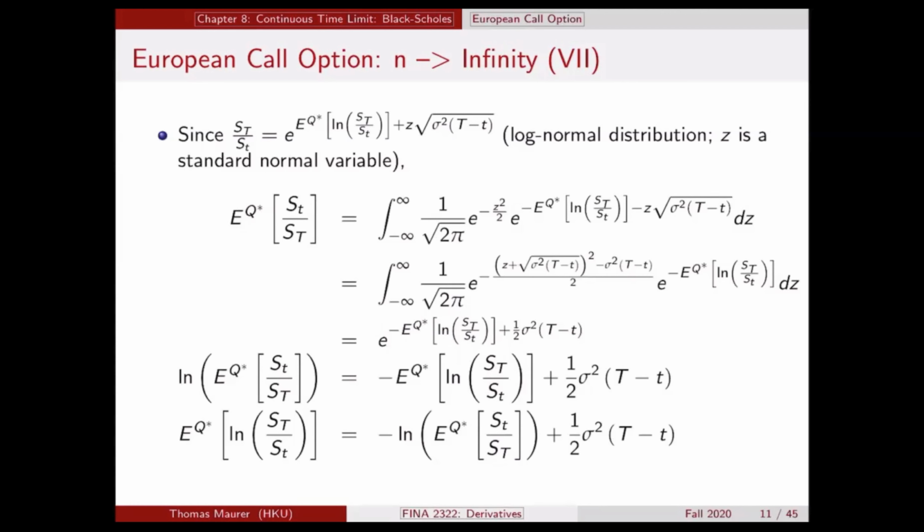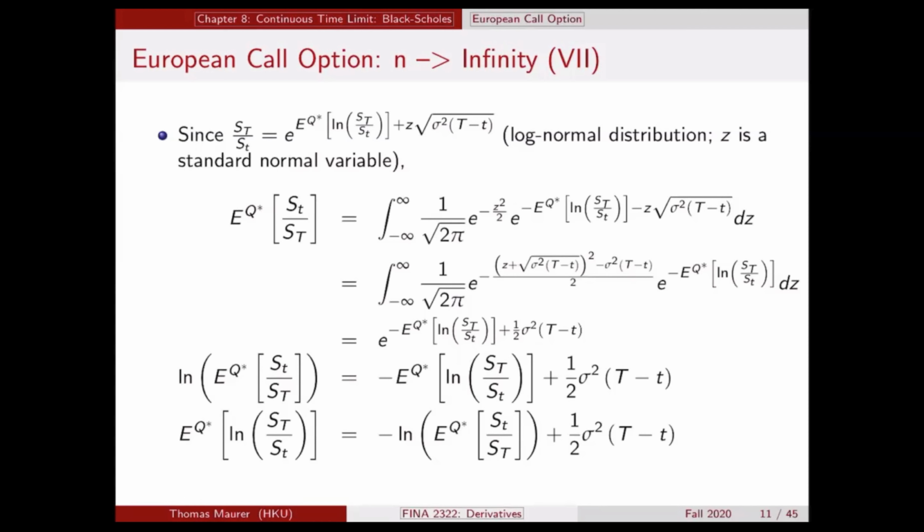We need to solve for this expected log return. So what I'm going to do is take the natural logarithm on this side and on this side, and then I can easily solve for the expectation of that log return, which is going to be minus the log of that expected inverted return plus 1/2 the variance of the underlying asset return.